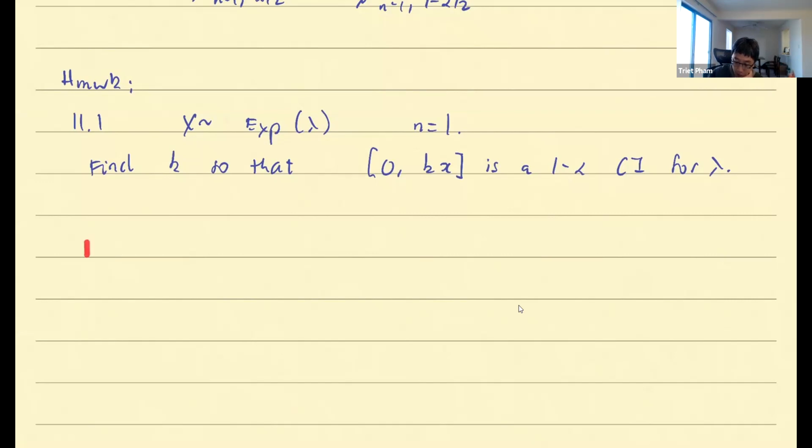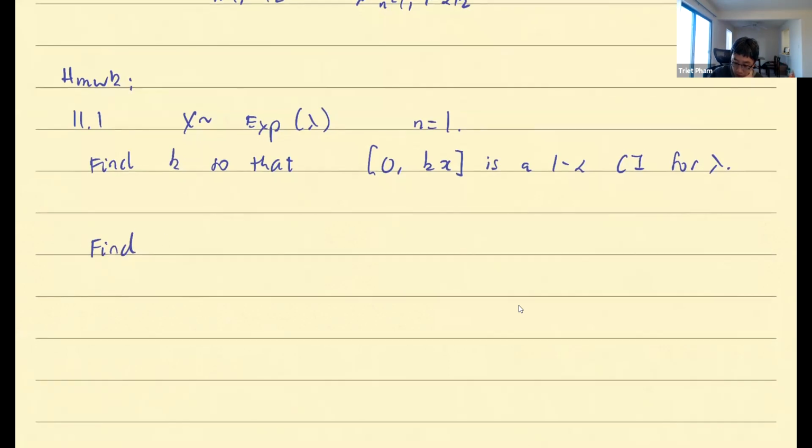So the statement they want is: find k so that the probability of, I guess 0 doesn't matter because lambda is always positive anyway, lambda less than kX is equal to 1 minus alpha.